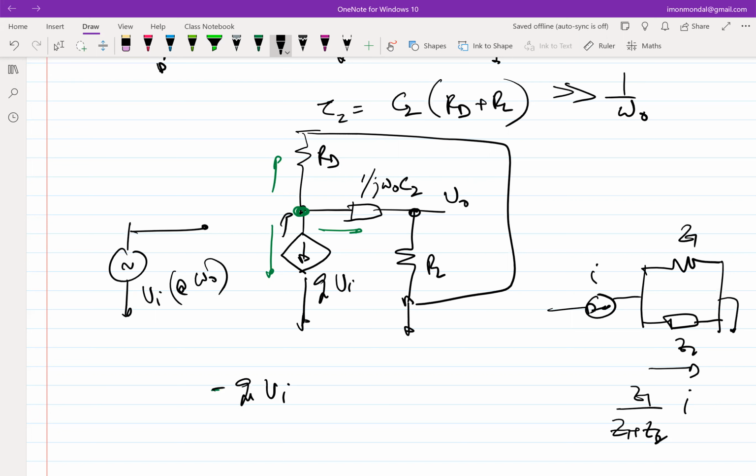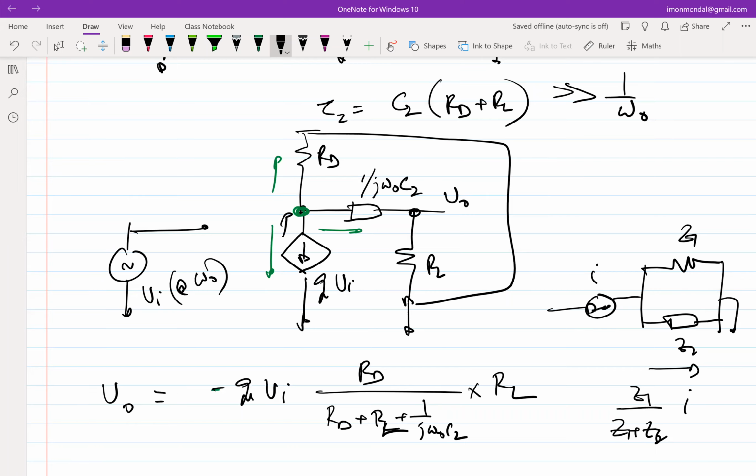So in this case, how much current is going into the capacitor? It will simply be RD by... But I am interested in the voltage across RL in this case, times RL. So this is V naught.